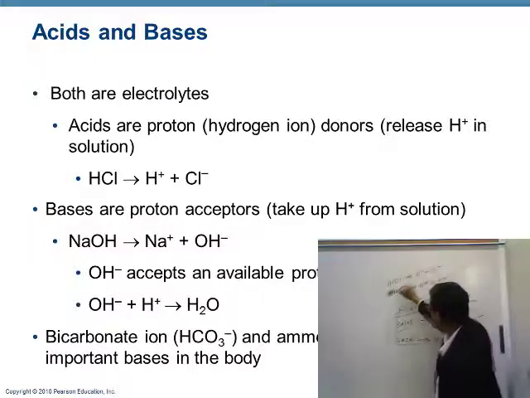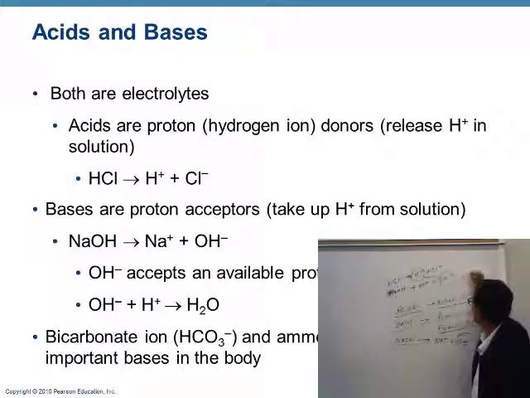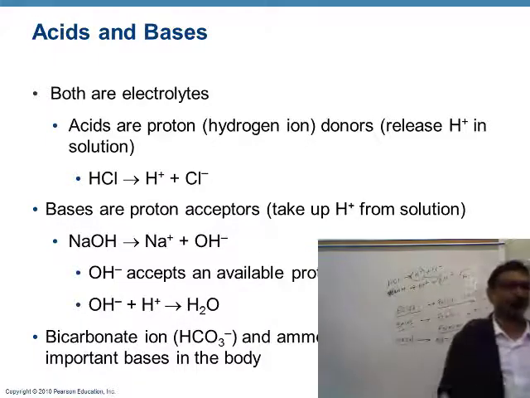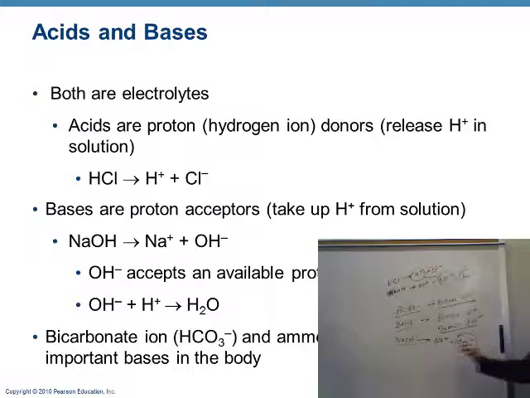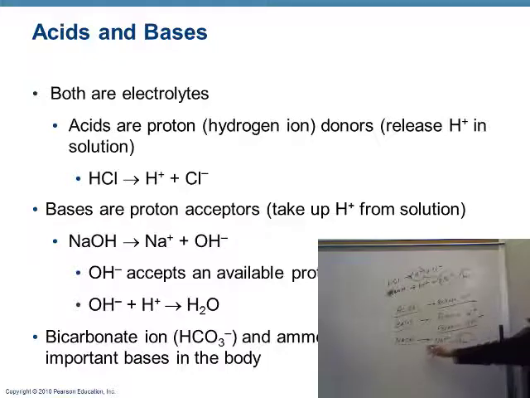It will release hydrogen, it will release OH, and these two will quickly get together and form water. So the hydrogen will be removed. Make sense? Hydrogen is being quickly removed by this hydroxy to produce water. So that's why I said here bases remove free hydrogen and produce water. Make sense?